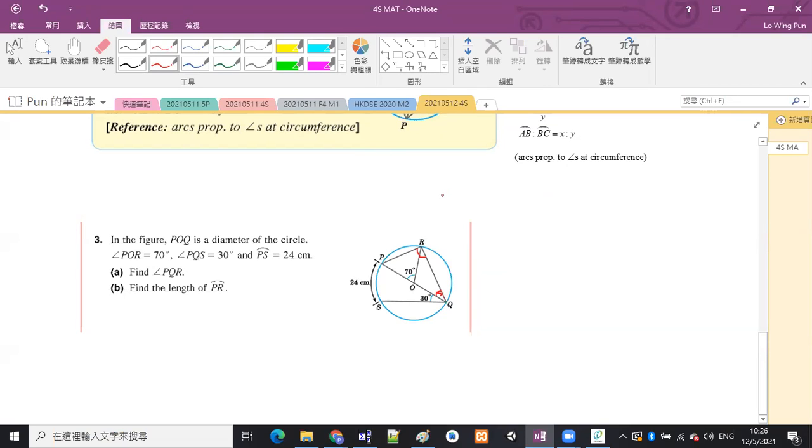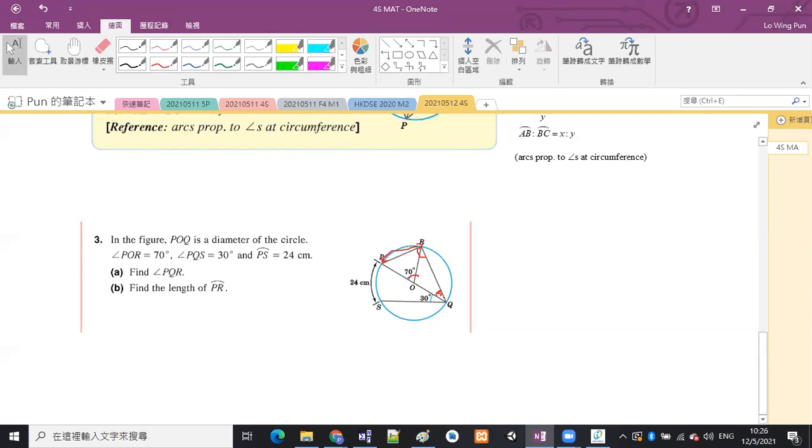Well, this one is actually easy because can you see that angle PQR is looking at this arc PR. Is there any other angle which is also looking at the same arc? It should be the 70 degrees. So they form a pair of corresponding angle at center and angle at circumference, so they will have the double relationship.